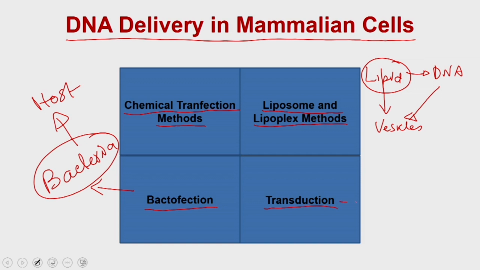In transduction, instead of bacteria you use a virus, and this virus also delivers the recombinant DNA present inside the virus to the mammalian cells. So, let us start with the first approach, the chemical transfection methods.